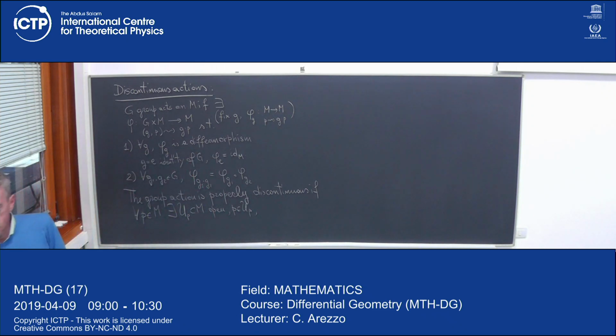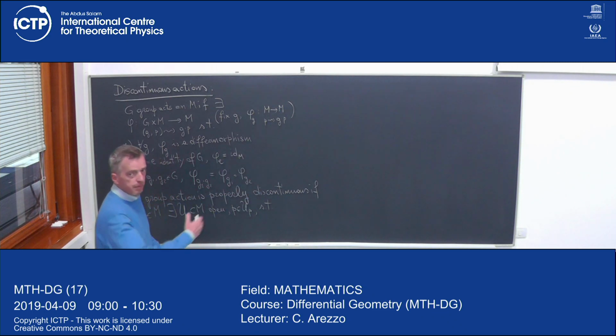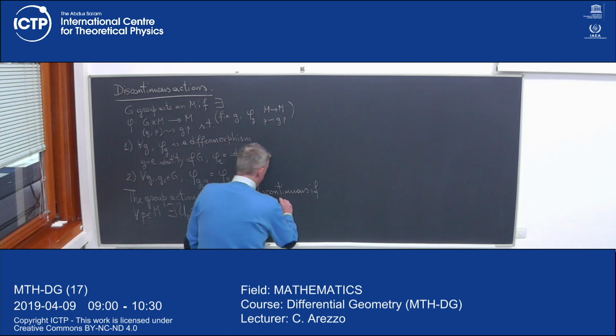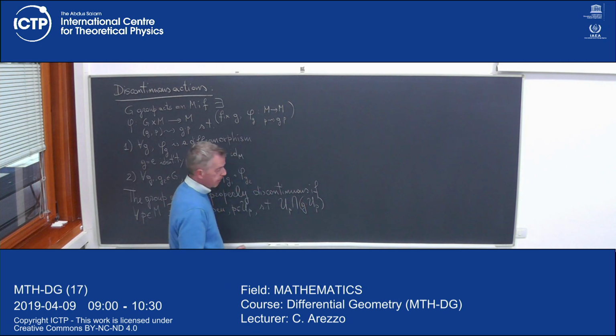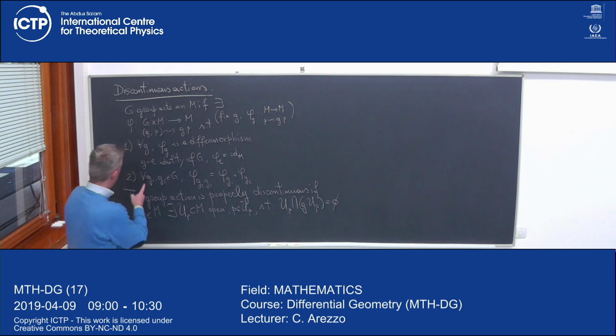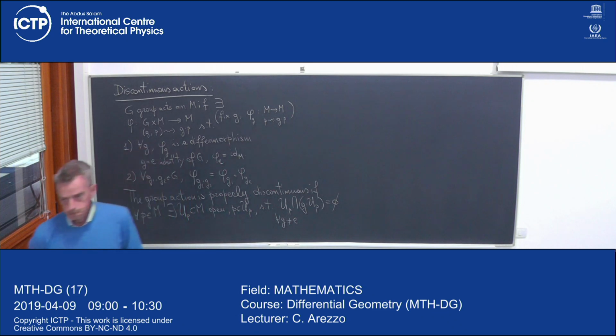So there exists an open set containing this point, such that the group moves this open set into something completely disjoint. So if I take U_p intersect g times U_p, I get the empty set, except for the trivial case, because of course I required g to be nothing. So for any g different from the identity. Of course, for the identity, U_p and g U_p are the same thing.